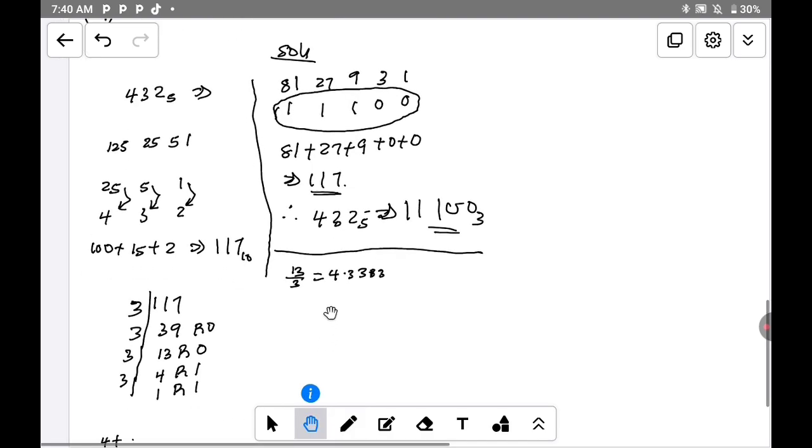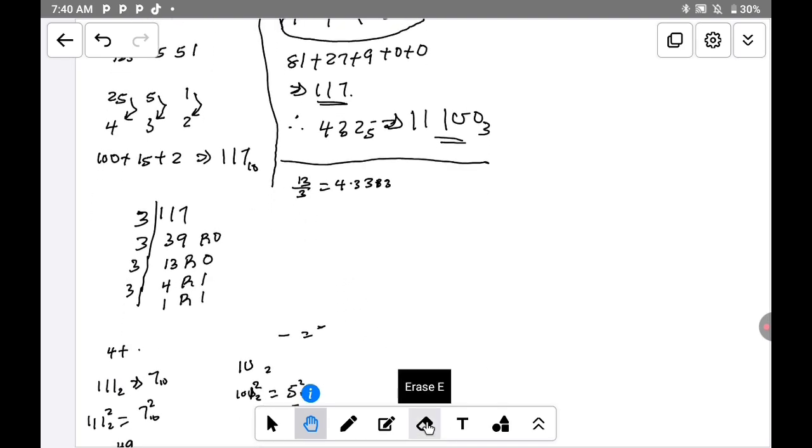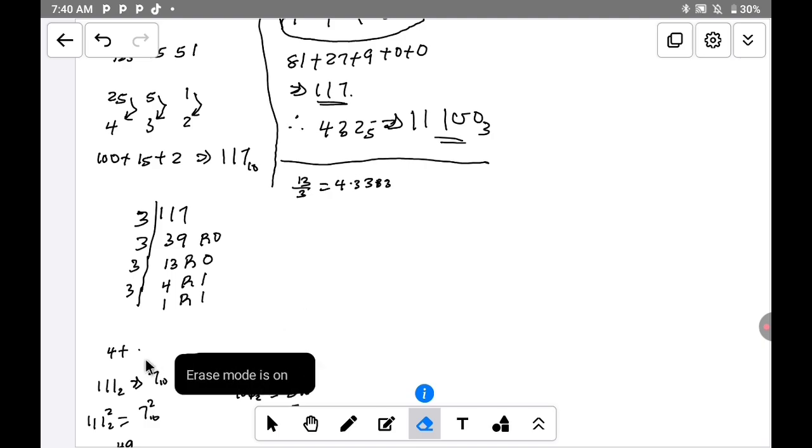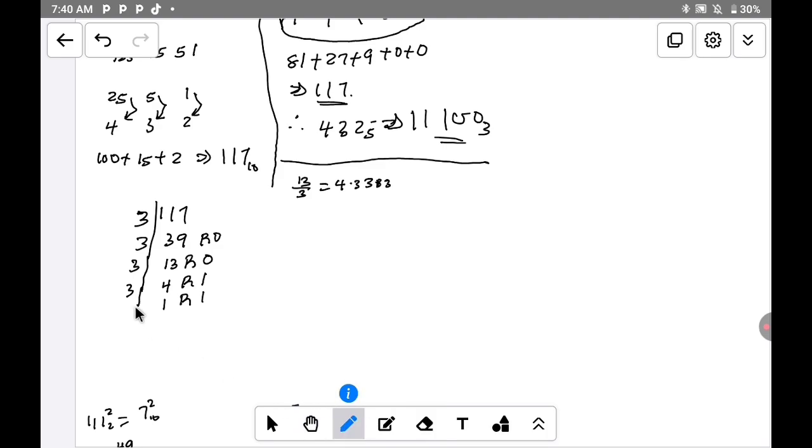Now we have to divide again by 3. So 1 divided by 3 is not possible, you write 0, and the remainder is 1.